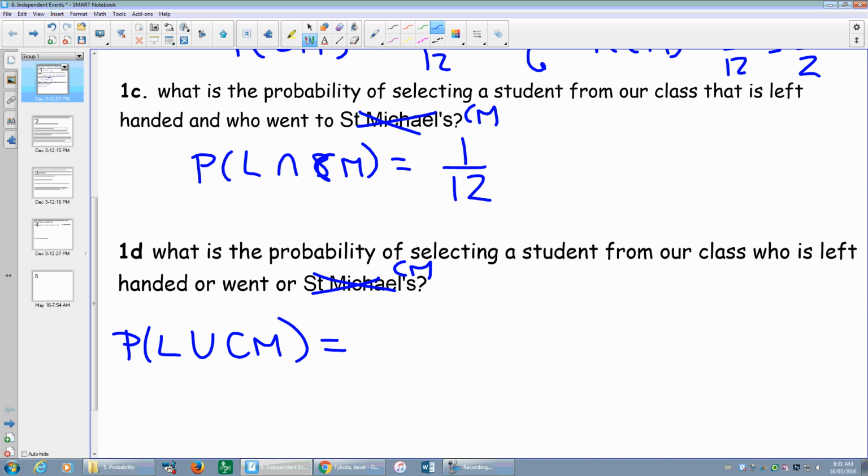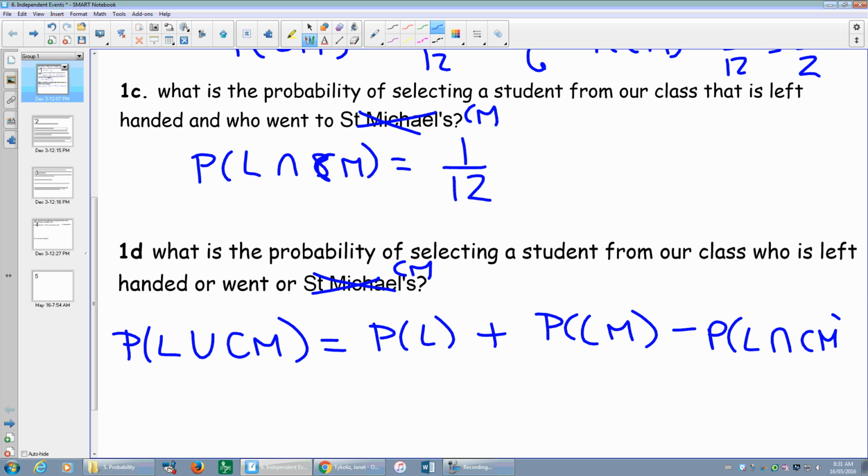Okay, so right now I have the probability of being left-handed, and you said I'm going to add that with the probability of the students who are from CM. Would that give me my correct answer? Right, the student who's left-handed and who went to Canadian Martyrs.